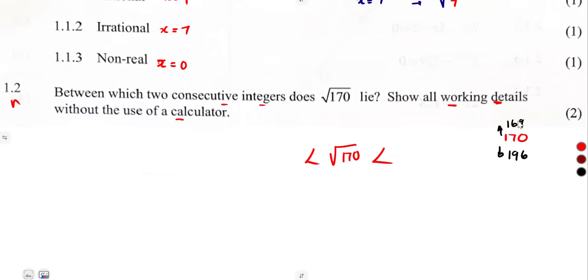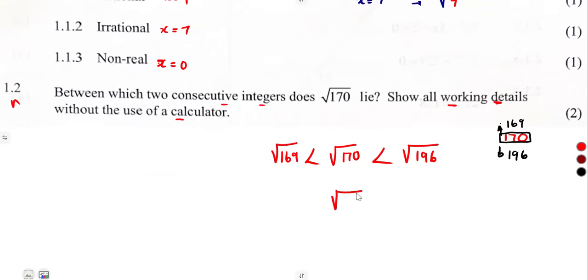So these are the perfect squares that surround 170. 169 is the smaller one, square root of 169, and this is going to be square root of 196.